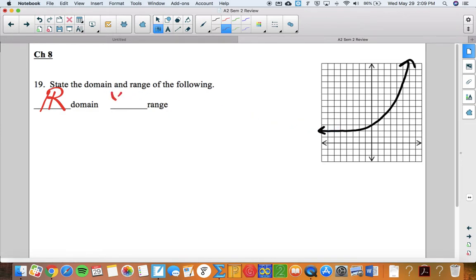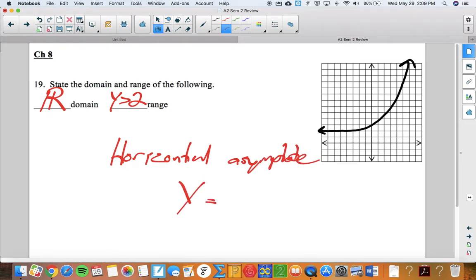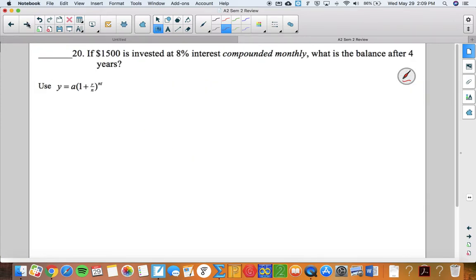So it looks like the y's have to be greater than 2. They might also ask sometime if there's a horizontal asymptote. And it would be the line y equals 2 then. An asymptote is the line that the graph approaches but doesn't quite hit, like a limit.